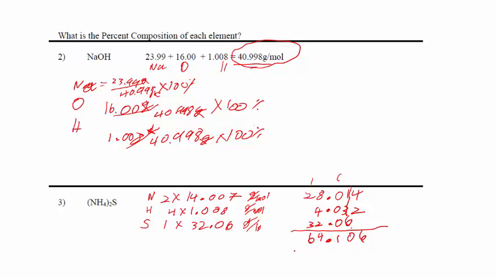And of course I stop here, so that's equal to 64.11. And now I simply take each of these values and divide it by the total.